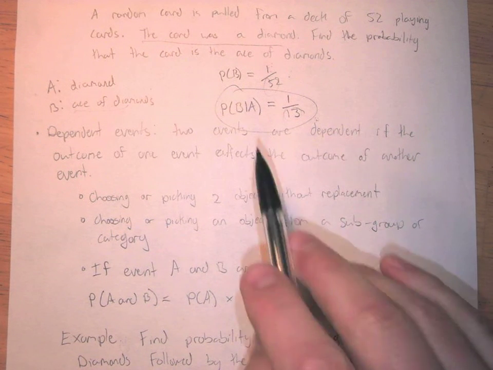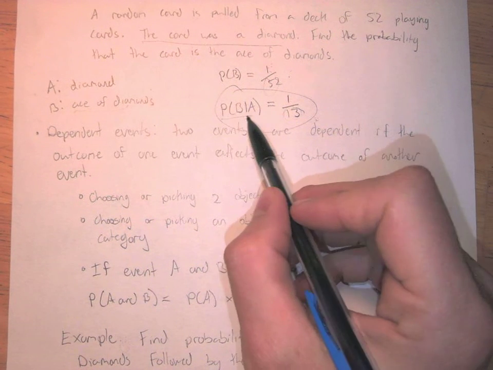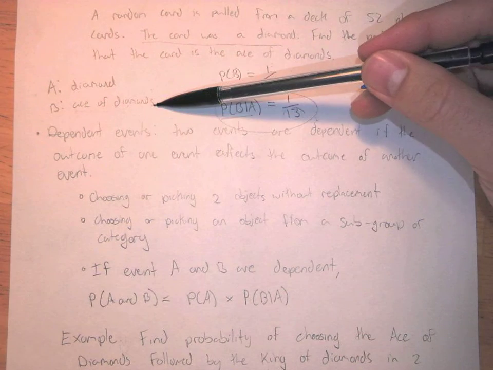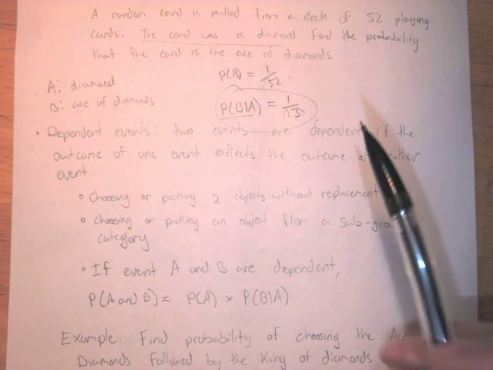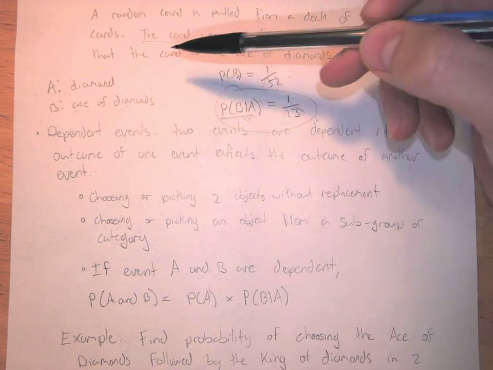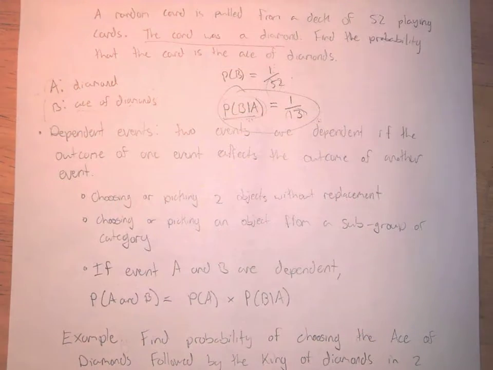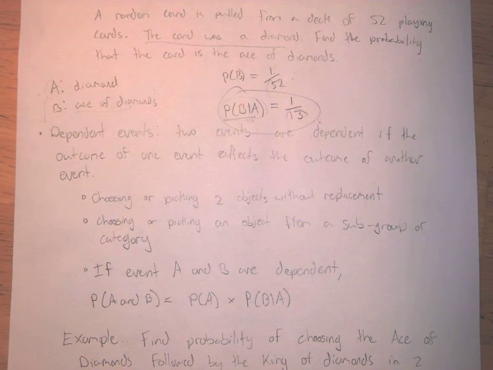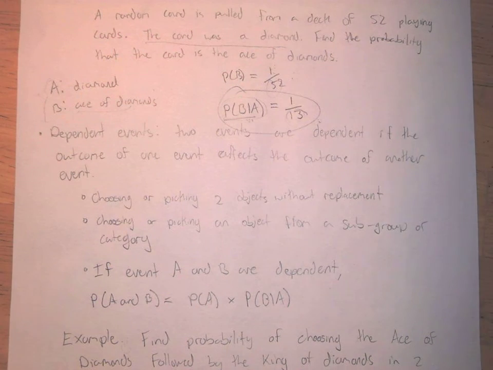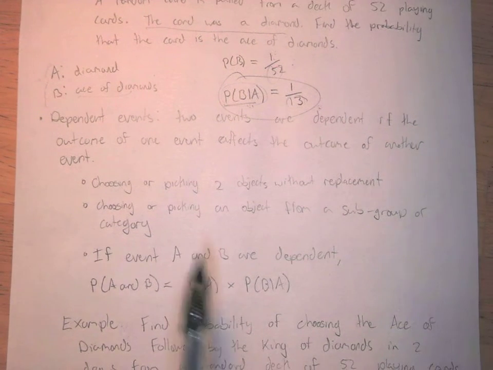So in this case, we have a single conditional probability, but we also know these two events are dependent on each other. So conditional probability refers to one outcome given another. Dependent events refers to the relationship between two events happening. But they're similar ideas.